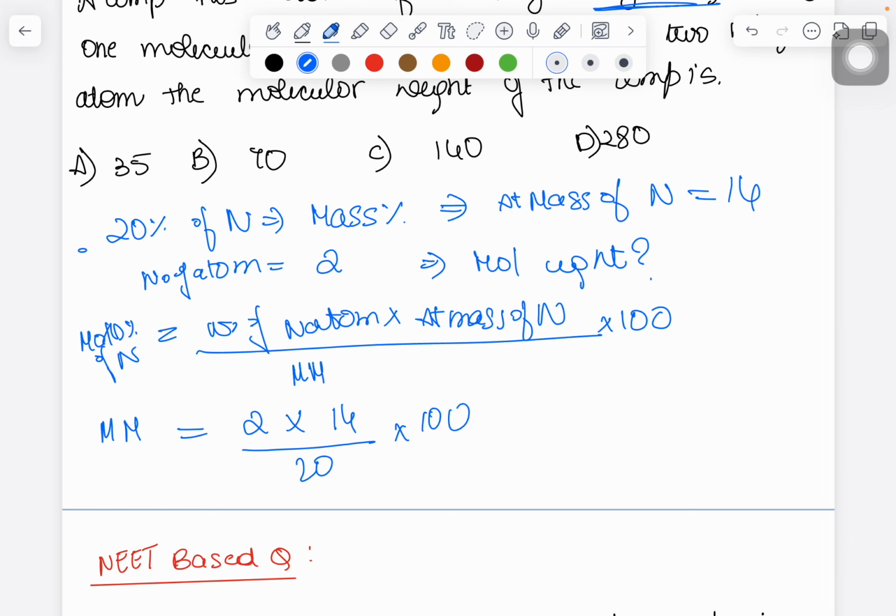If you solve this, 2 into 14 divided by 20 into 100, the answer is 140. So the correct answer is C.